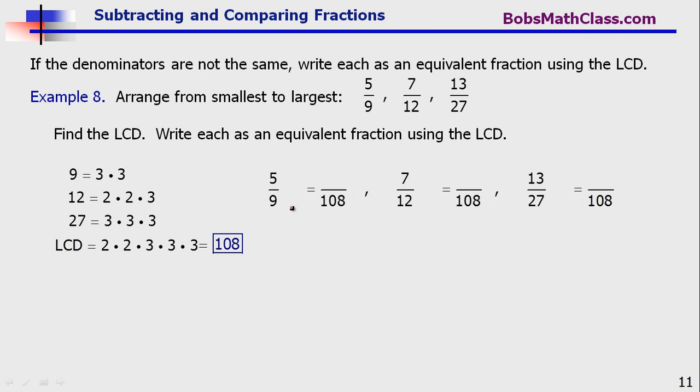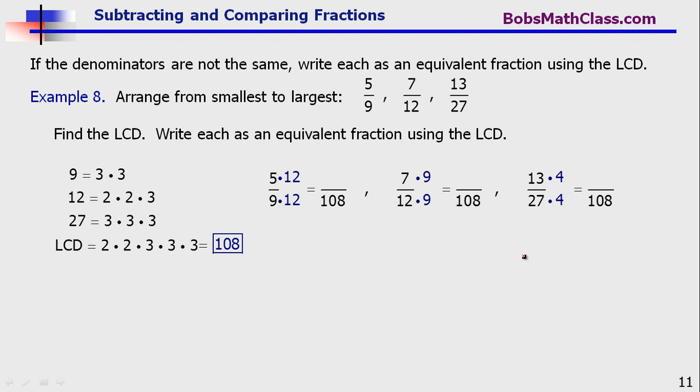So the first one's going to be 12. That means 9 times 12 is 108, and 12 times 9 is 108. 27 is 3 3s, so it must be 2 2s, which is 4. So 9 times 12, 12 times 9, 27 times 4.